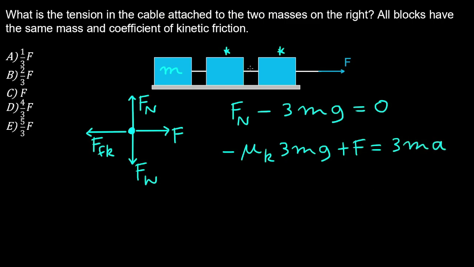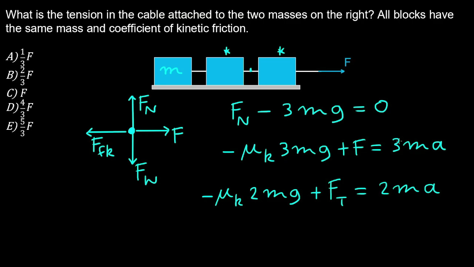And because we want the tension in this cable, our free body diagram in this case would be used to isolate the left 2 blocks. So we'd have a kinetic friction force of minus μk by the normal force due to the contact between the 2 blocks and the ground, which is 2 mg, plus the exposed tension force in the cable is equal to the mass of the 2 blocks by the acceleration.